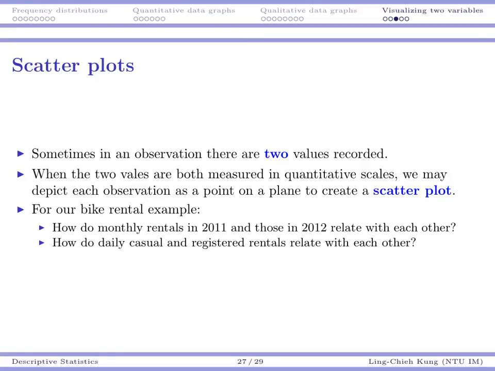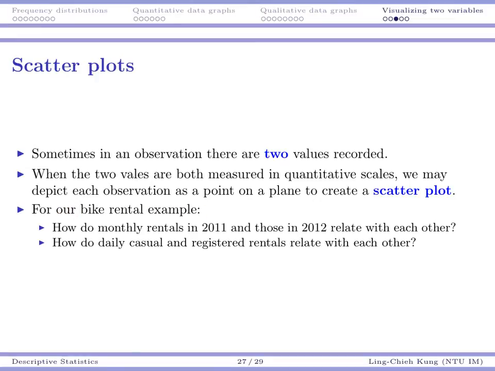All you need to do is to provide a two-dimensional region, and then for the two values, use one of them as the x coordinate and the other as the y coordinate. So once you plot all the data points onto your scatter plot, you will be able to get a feeling about how these two data sets are related.